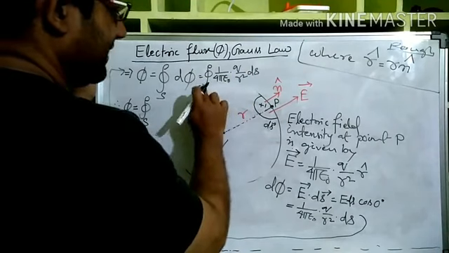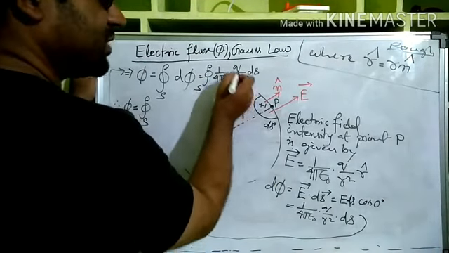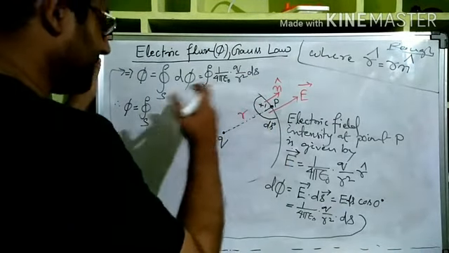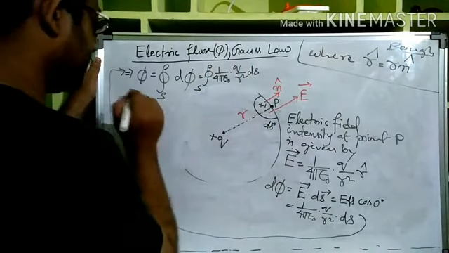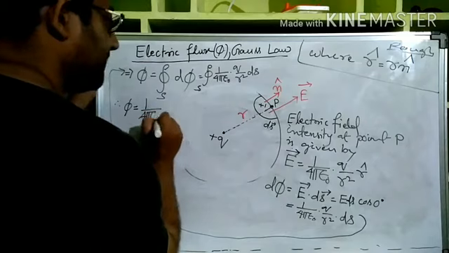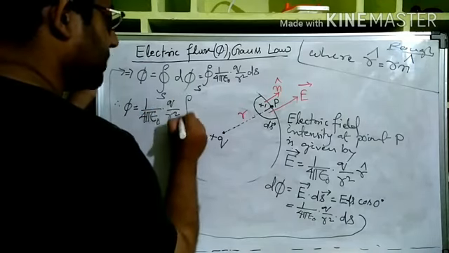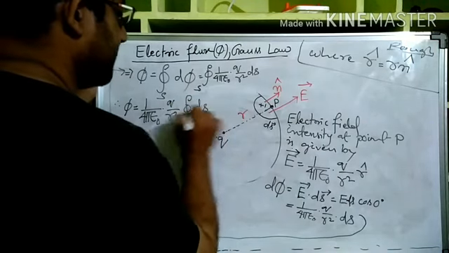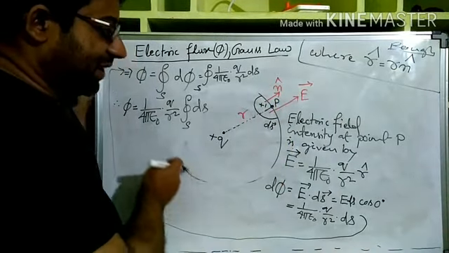Now since this is an integration, the constant part we can take out: 1 by 4 pi epsilon naught q by r square. All are constants. R also is a constant because we are imagining that in between we are not changing. So let me take all the constants outside in this step only. What remained inside that closed integral over the surface? Only ds remained. Now this ds you will completely integrate.